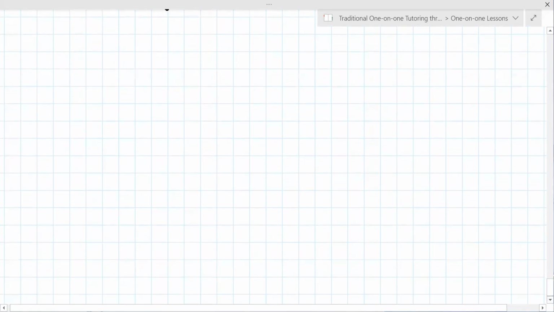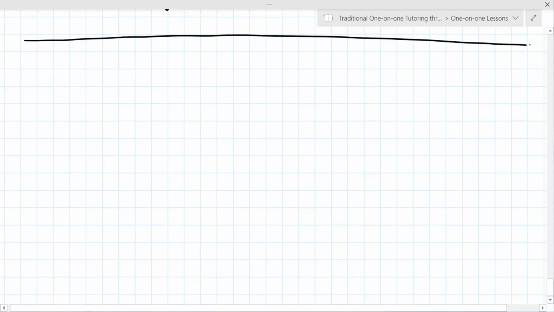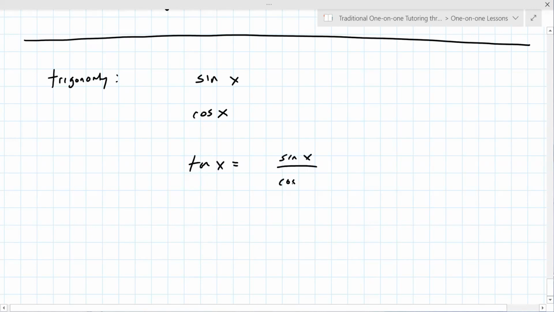Okay, so we haven't done much trigonometry. And there's a couple of things here that you need to know before we move forward. You know about sine x, you know about cosine x. Tangent x is sine x over cosine x. You recall that?